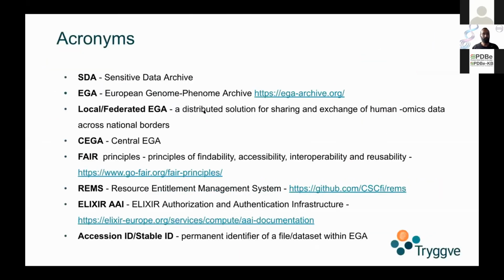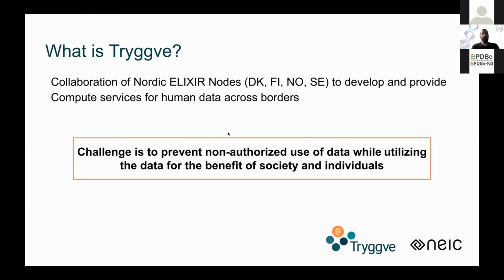So here are some acronyms which can be useful for those who are going to revise the slides afterwards. I would like to introduce first the TRIGVA project. It's a collaboration of Nordic ELIXIR nodes in Denmark, Sweden, Finland, and Norway to develop and provide compute services for human data across borders.